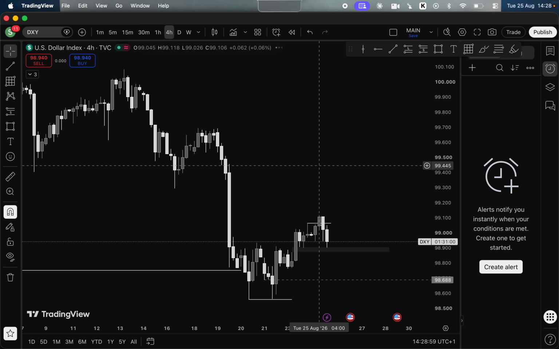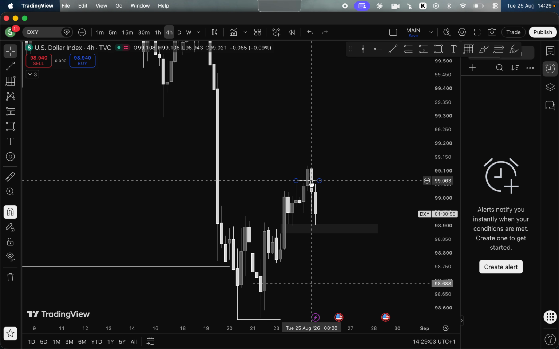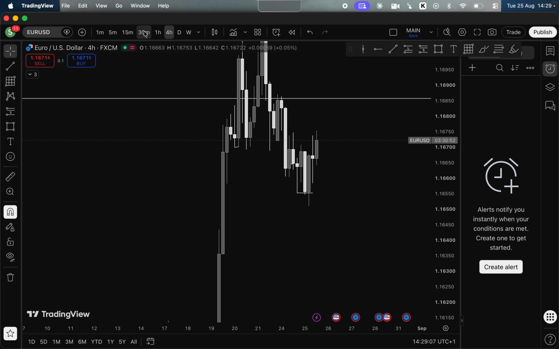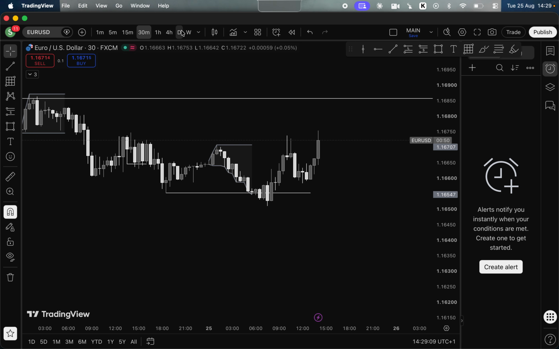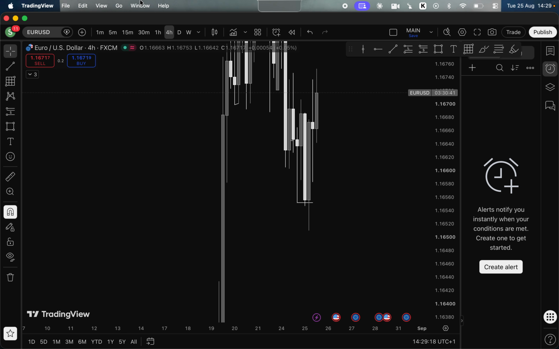Let's have a look at DXY again. Come up, closed above, come down, come down. That's not a convincing bearish close at all. It's a wick. That's a sign of reversal.